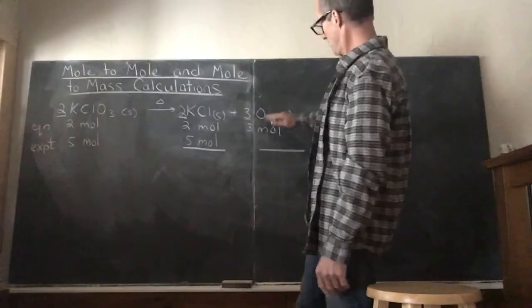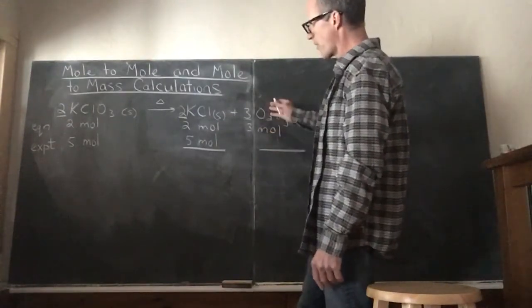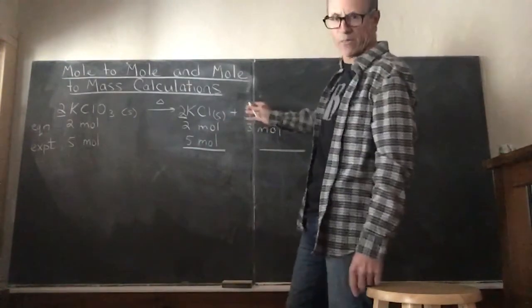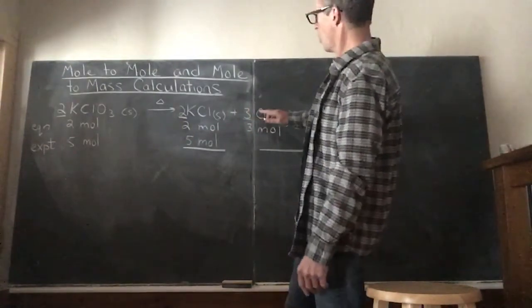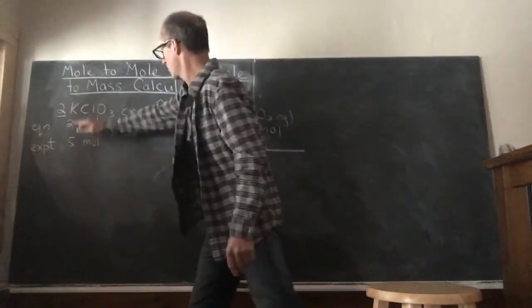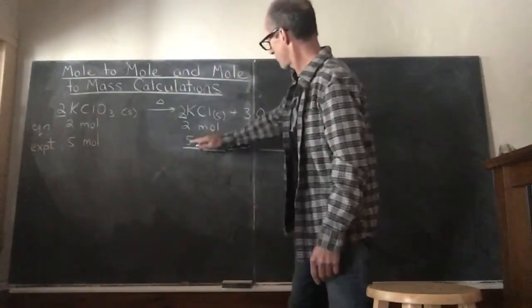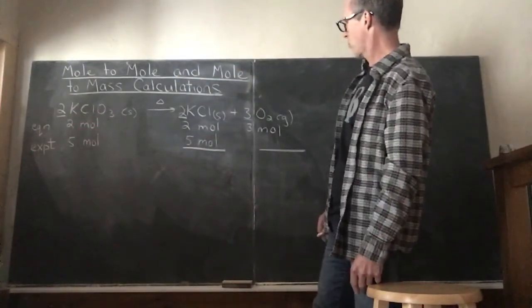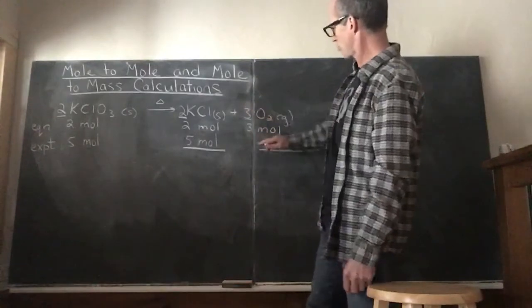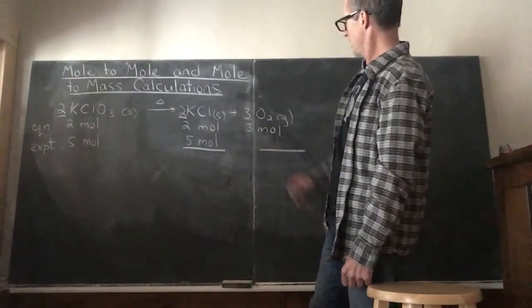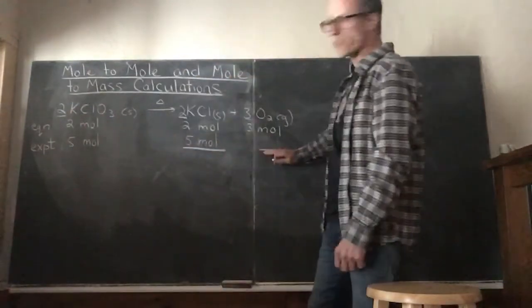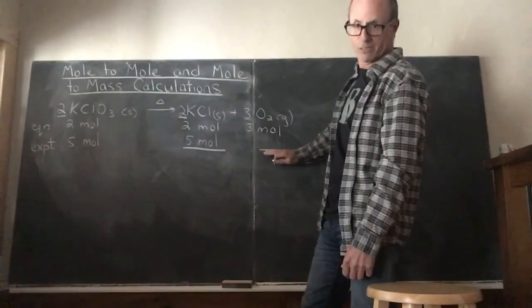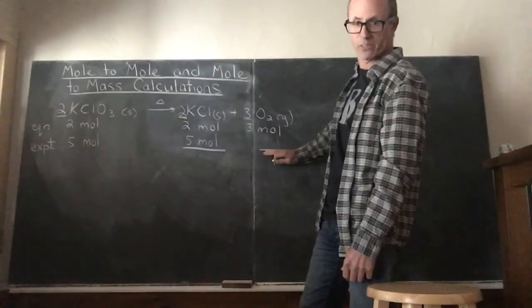This one here, in terms of oxygen, is a little harder to do, although I think mental math can allow you to do it. We know that 5 moles of KClO3 makes the same number of moles of potassium chloride. In terms of oxygen, you can see that 3 is greater than 2. So our answer here has got to be greater than 5. It just makes sense mathematically, doesn't it?